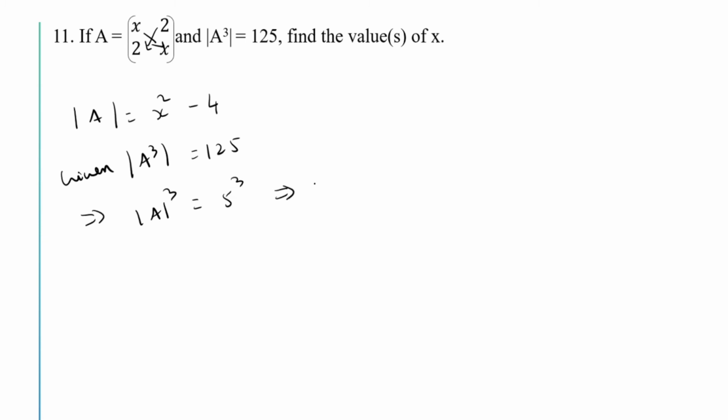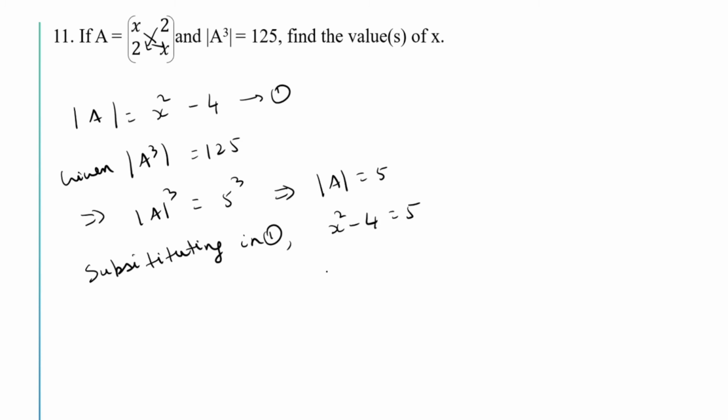So from this we get determinant of A is equal to 5. So substituting in 1, we get x square minus 4 is equal to 5, or x square is equal to 5 plus 4, 9. Therefore, x is equal to plus or minus 3. So the values of x are x is equal to 3, comma x is equal to minus 3.